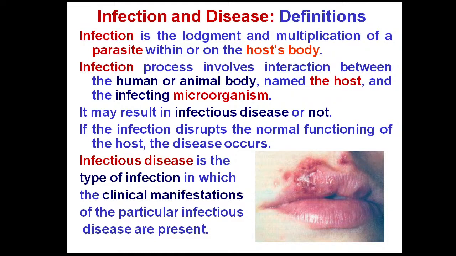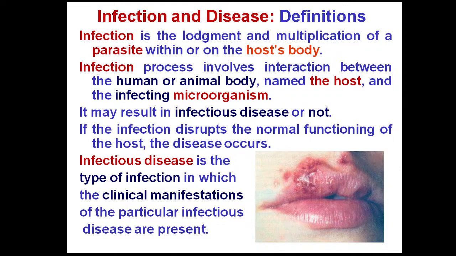So then we go to the infectious process. What is it? The process of infection involves interaction between the human or animal body, named the host, and the infecting microorganism. To some extent, we are in a specific relationship with the microorganisms that reside in our body.